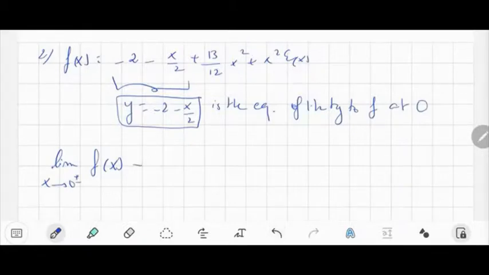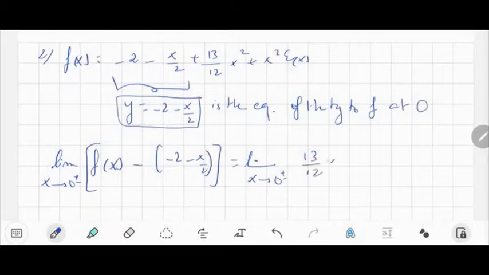In both cases, it's the limit of 13 over 12 x squared plus x squared epsilon of x, which is equal to 0 plus, positive.